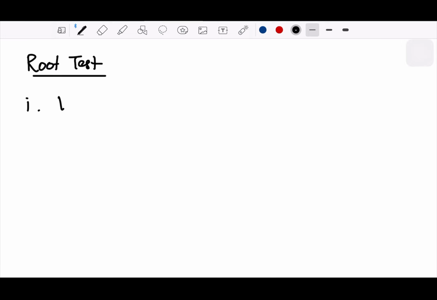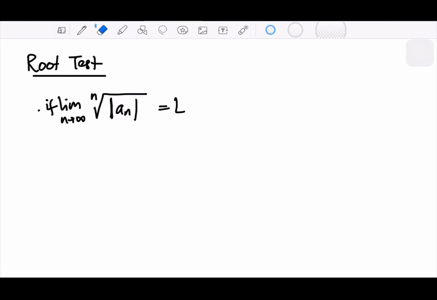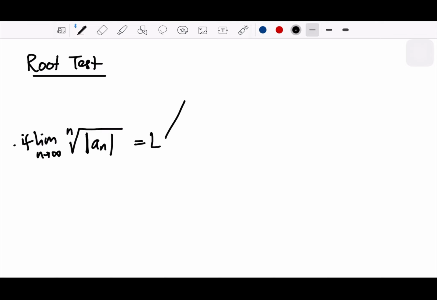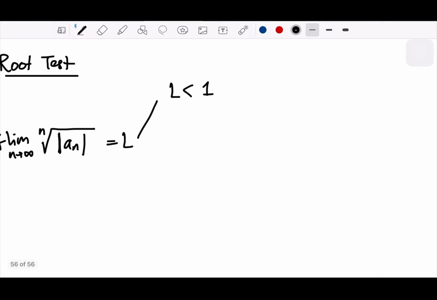So first, if the limit of the nth root of the absolute value of a_n is equal to L. Let me just write L. First is L less than 1, then the series is absolutely convergent.